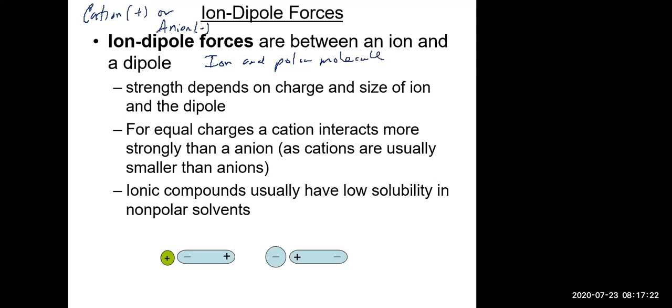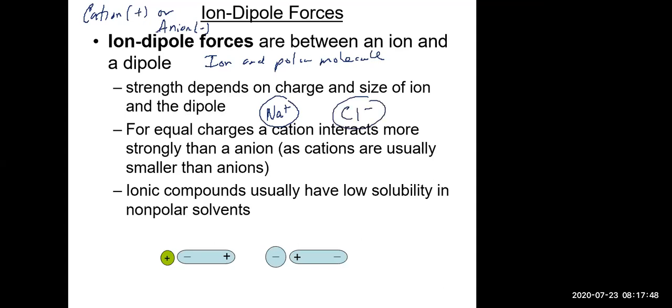This is essentially what happens when we take an ionic compound, for example sodium chloride, which is a solid, and dissolve it in water. When we dissolve sodium chloride in water, it breaks apart into sodium ions and chloride ions, right?